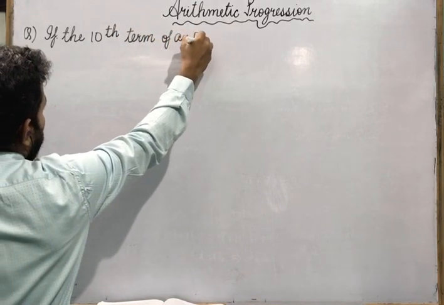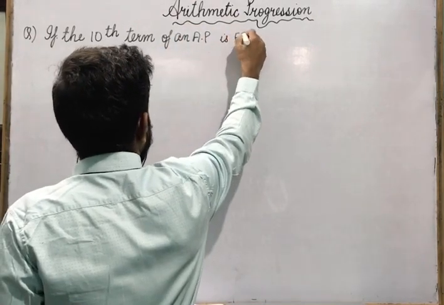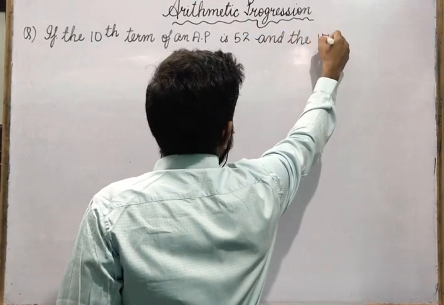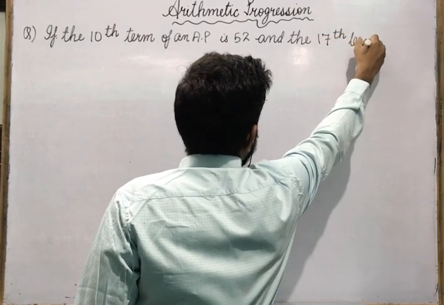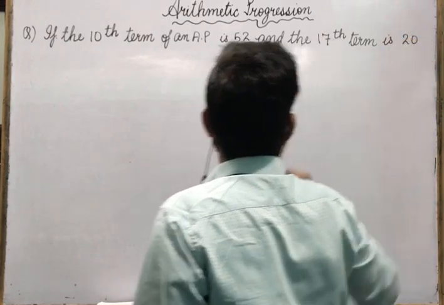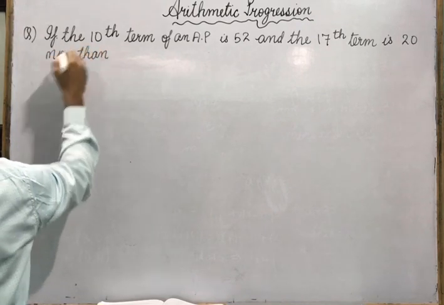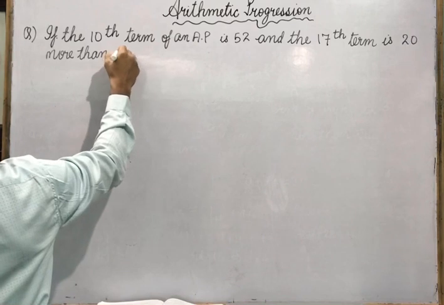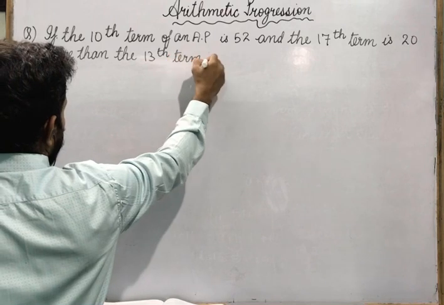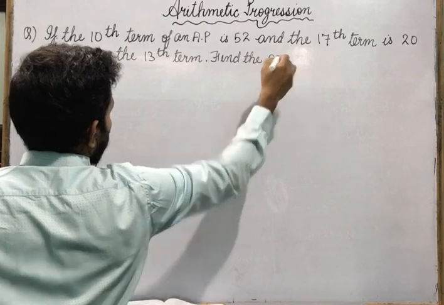If the 10th term of an AP is 52 and the 17th term is 20 more than the 13th term, find the AP. Okay, everyone, come on, do it fast.